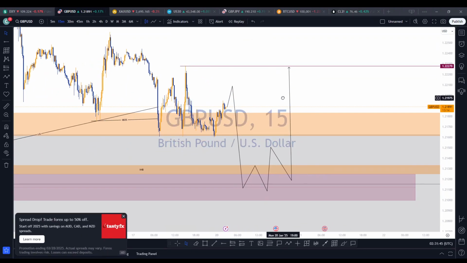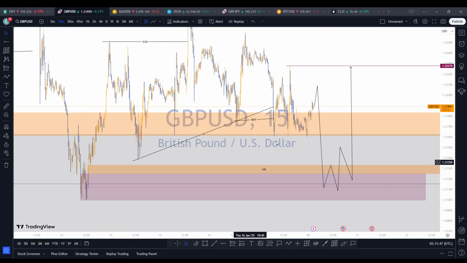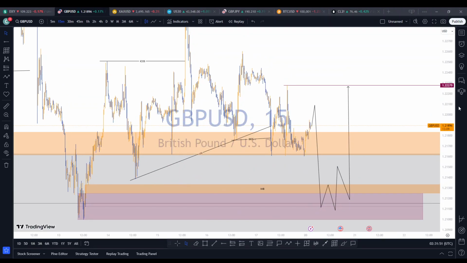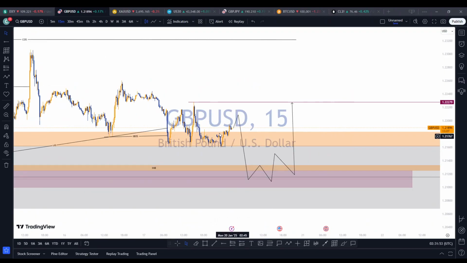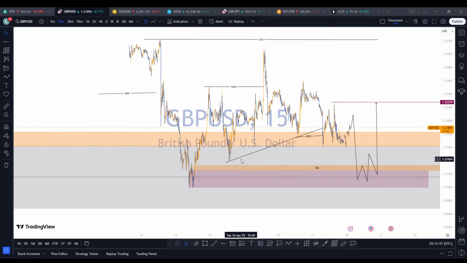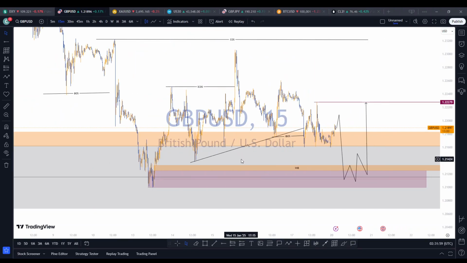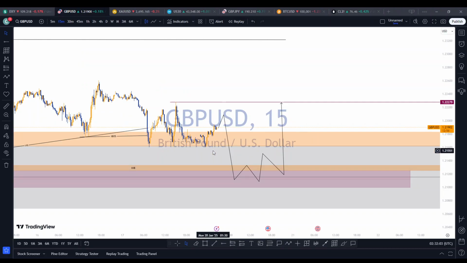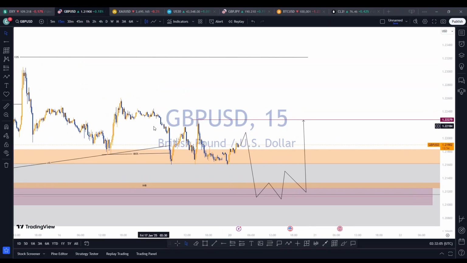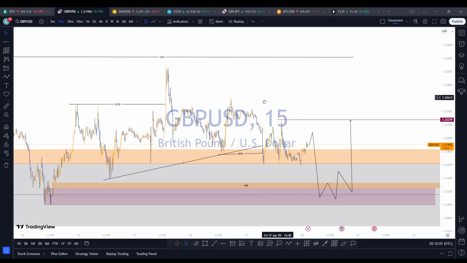Let's see how the market reacts, because the market might push down or push up. We are on a very good zone right here because it's also rejected from this area, which is an area for the bigger time frame.